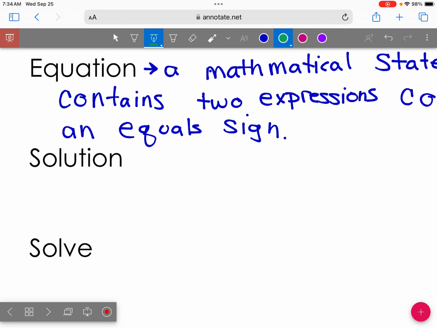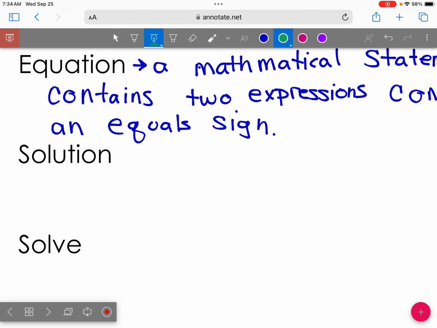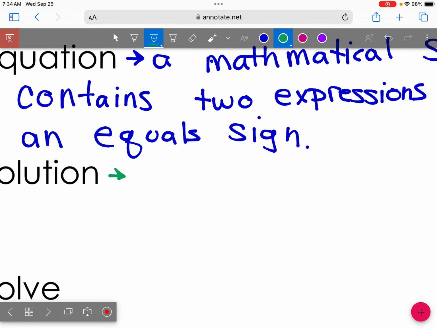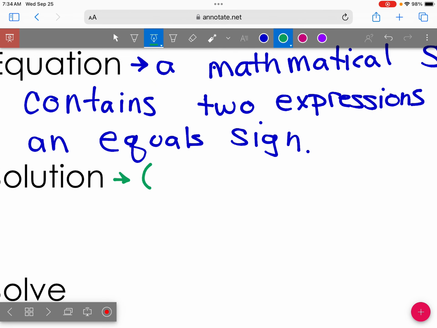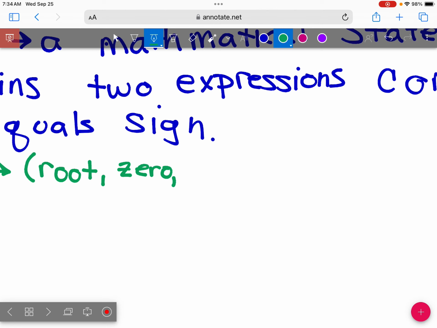What we're really going to be looking for in this chapter are solutions. And what a solution is, which can also be called a root, a zero, but not so much in this chapter. We're going to use mostly solution, root, x-intercept.